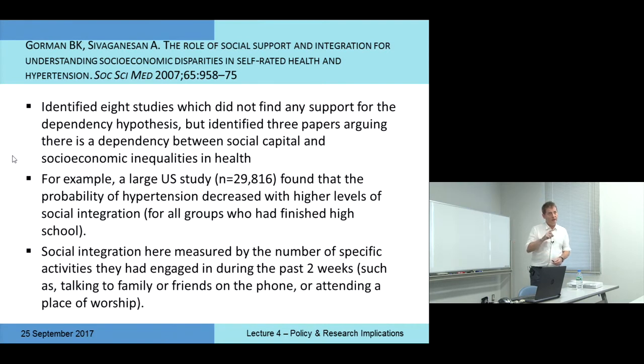So they are finding a relationship between social capital and the health measure, so long as people belonged to the more advantaged group. They belonged to those who'd finished high school. Social integration was measured by the number of specific activities they'd engaged in the last 2 weeks, such as talking to family or friends on the phone, attending a place of worship. Our usual suspects: relationships with the family, religious participation.